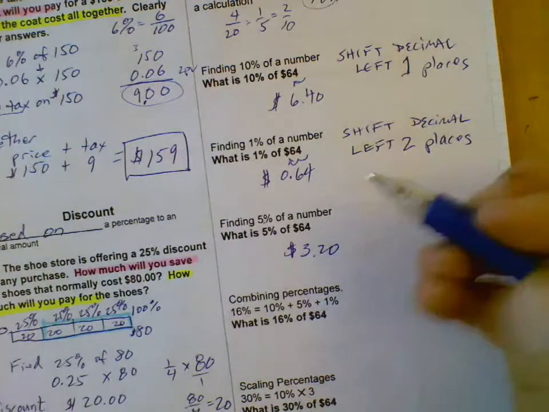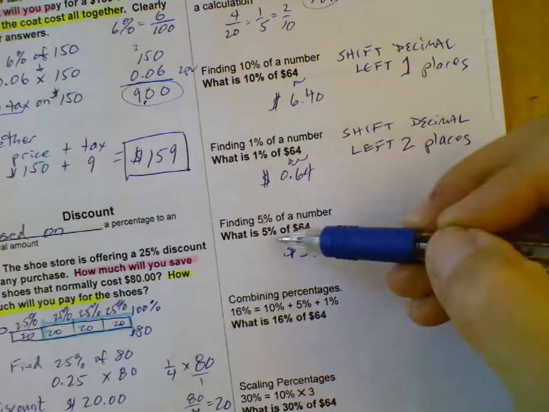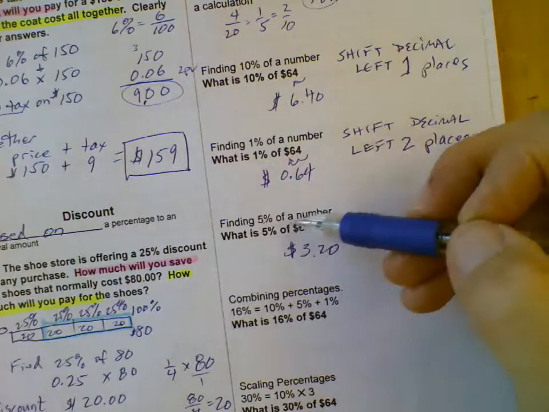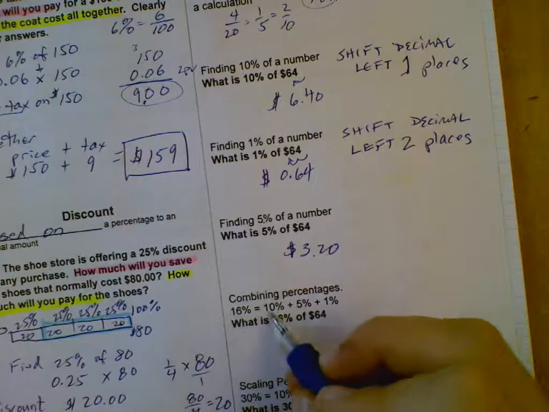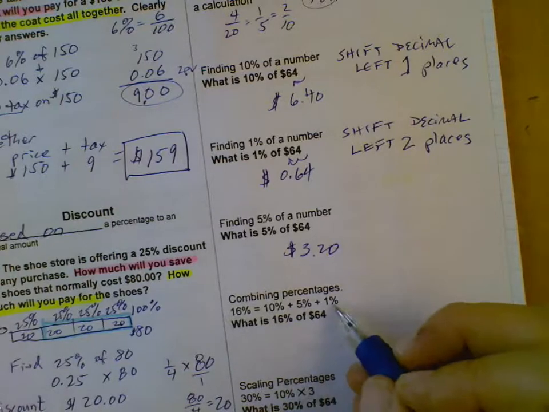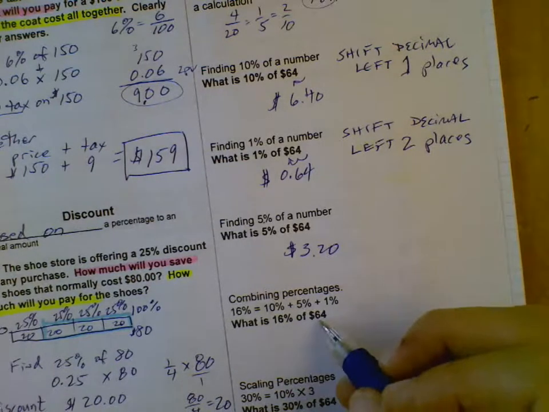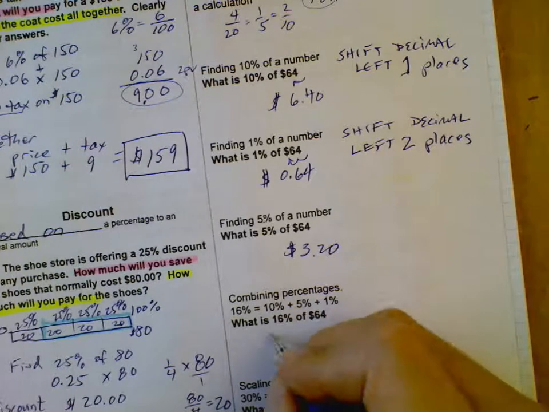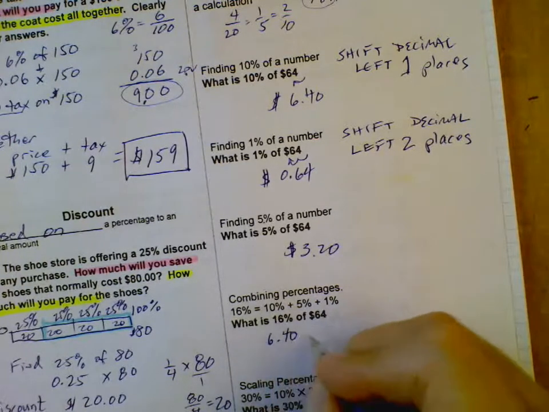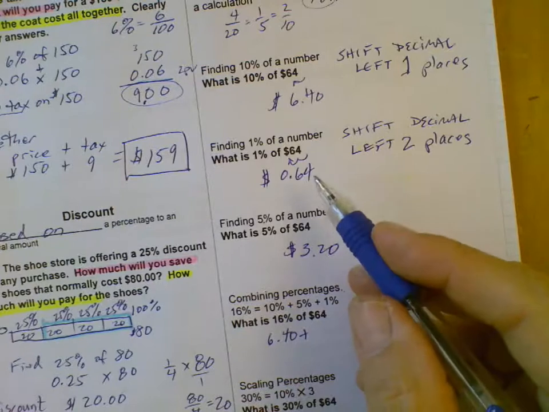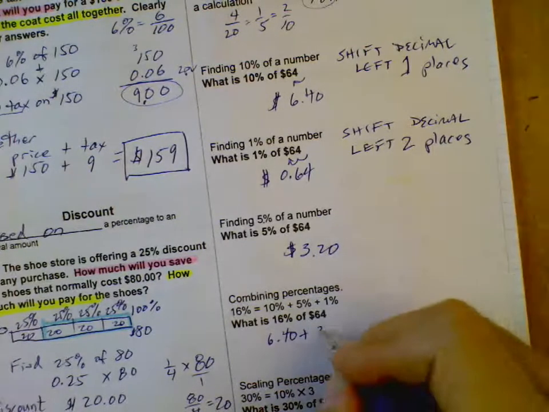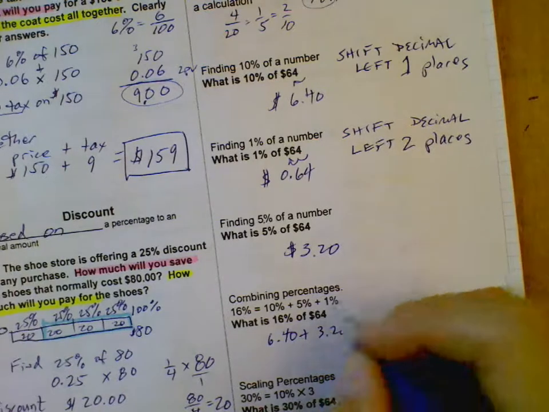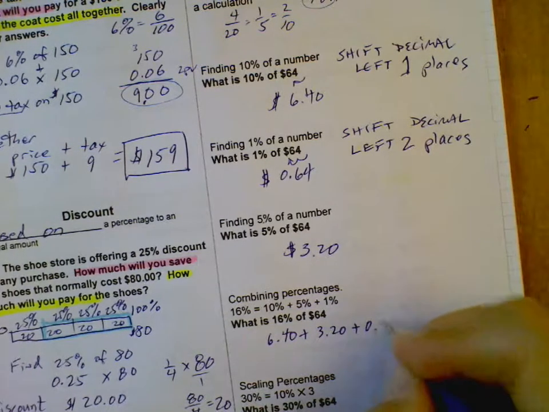The beautiful thing about being able to find 10%, 1%, and 5% quickly is you can combine these. So what's 16%? Well, 16% is 10% plus 5% plus 1%. So what's 16% of 64? Well, it's $6.40 plus, no, I'm sorry, 5% was $3.20, plus 1%, 64 cents.